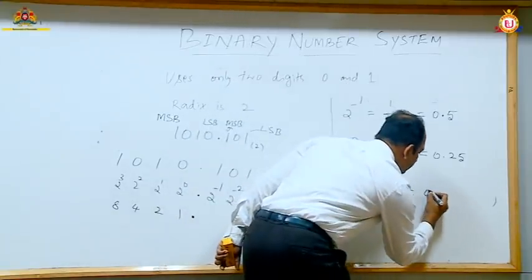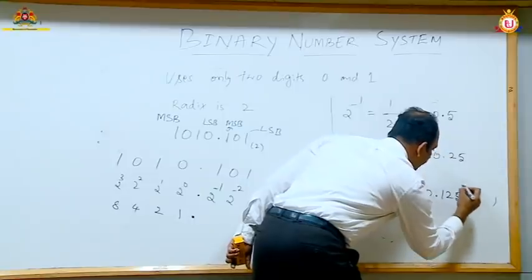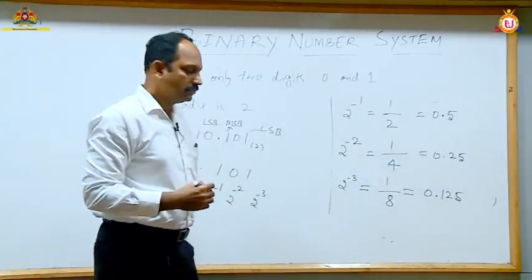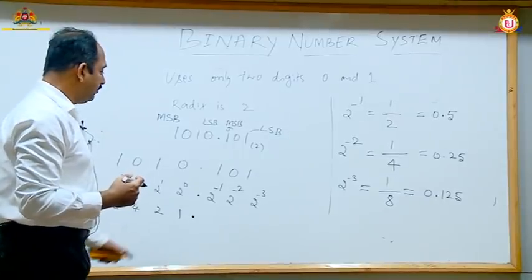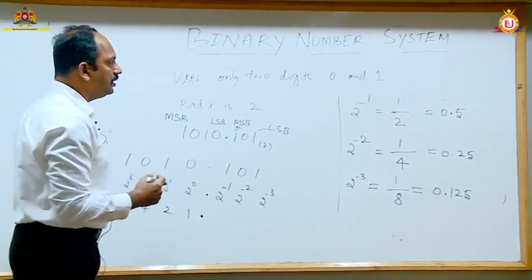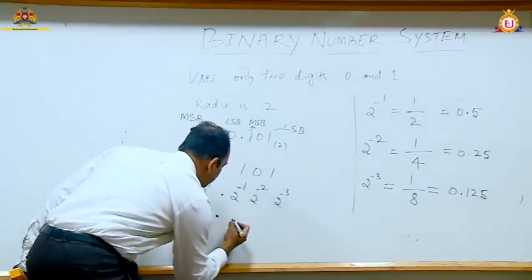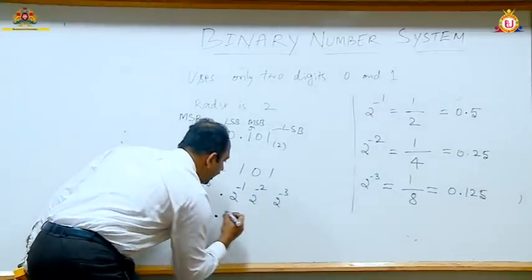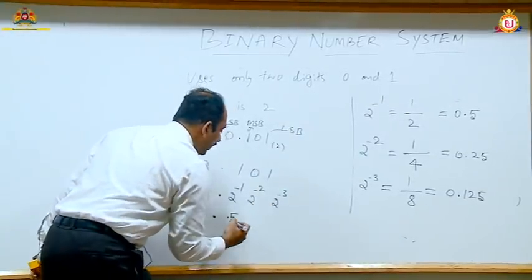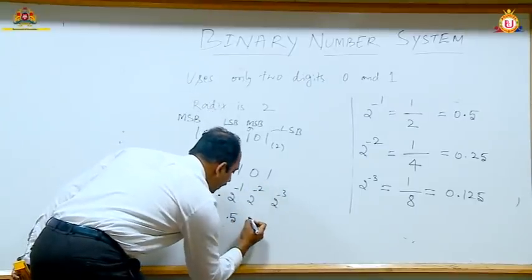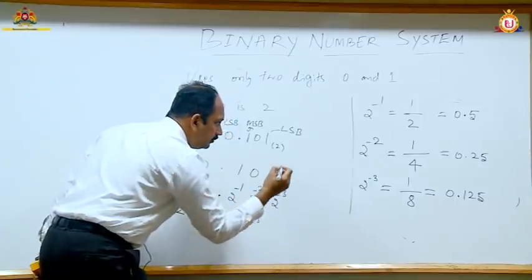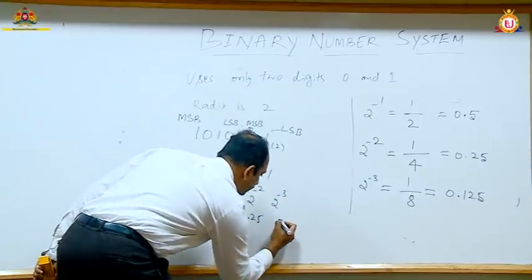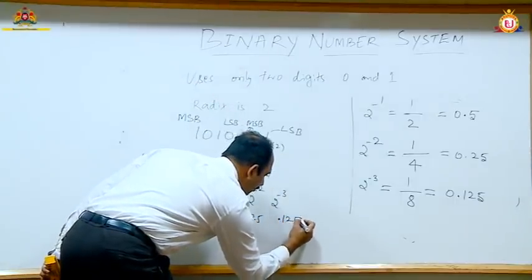The answer is 0.125. So, the positional value can be written in the form of a decimal number. That is, 2 to the power of minus 1 is 0.5, 2 to the power of minus 2 is 0.25, and 2 to the power of minus 3 is 0.125.